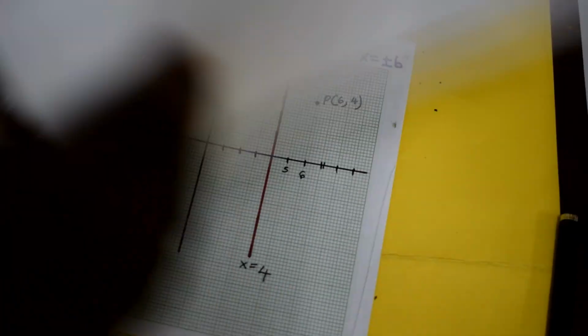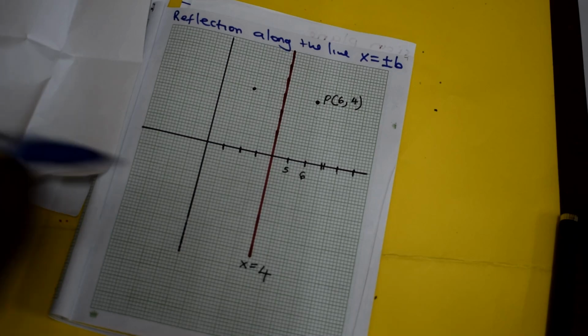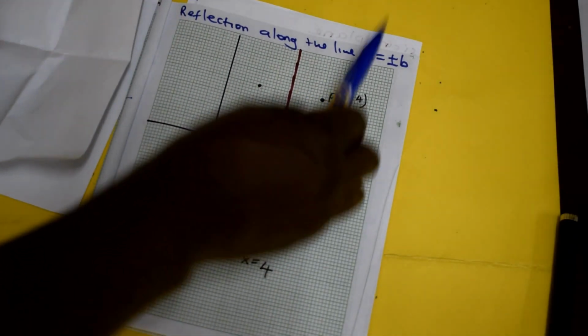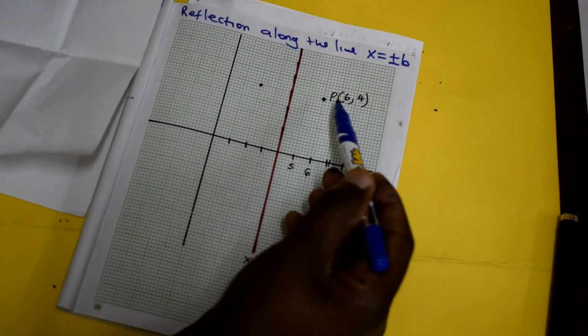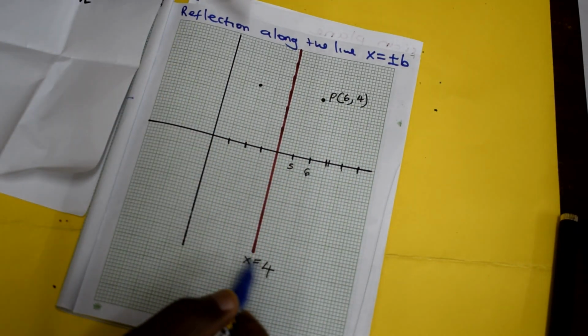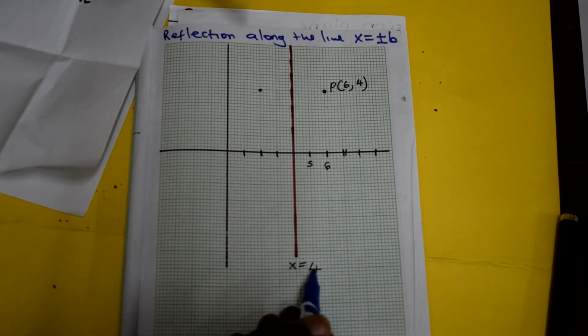So let's see when it is along any other line which is parallel to the y-axis, and this line we are calling x is equal to plus or minus b. So for example, this point we are reflecting is (6, 4) along the line x is equal to 4.